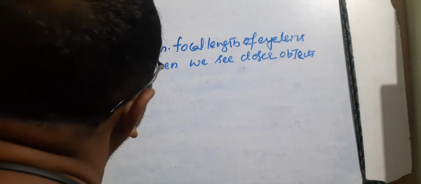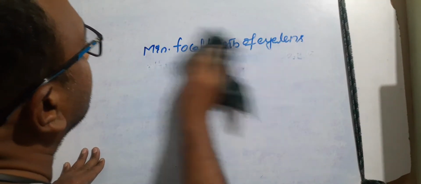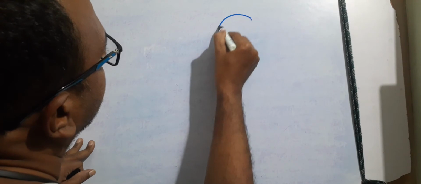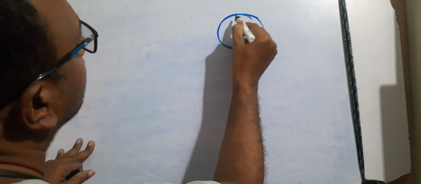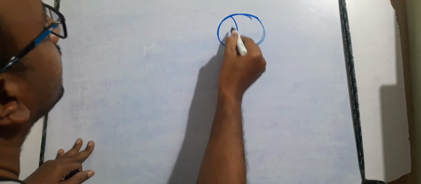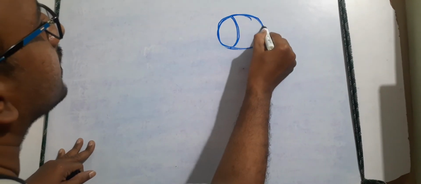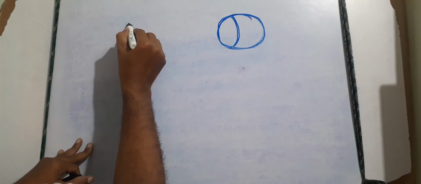So how can we find this minimum focal length of the eye lens, children? Now this is indicating the eye lens, and you can understand this part is the retina. Here an object is there.